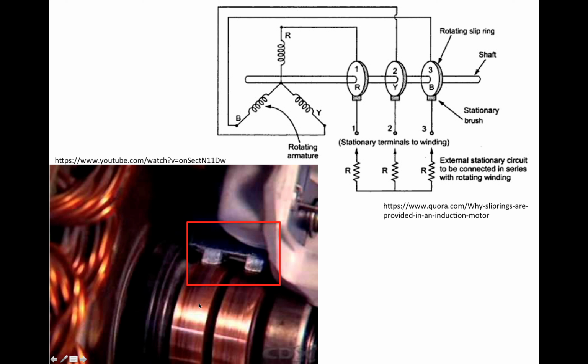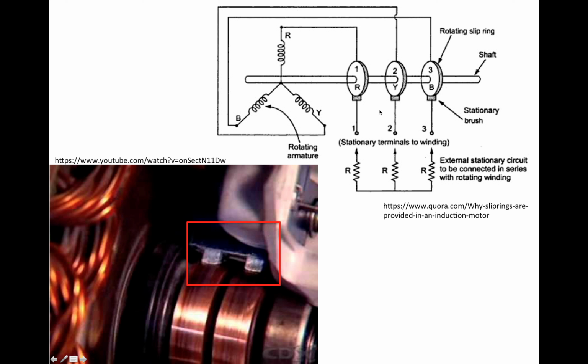Through the slip ring, each brush is connected with the end of a winding on the rotor. Because you have three slip rings, you have three stationary brushes, and each of them is in contact with one of those slip rings.